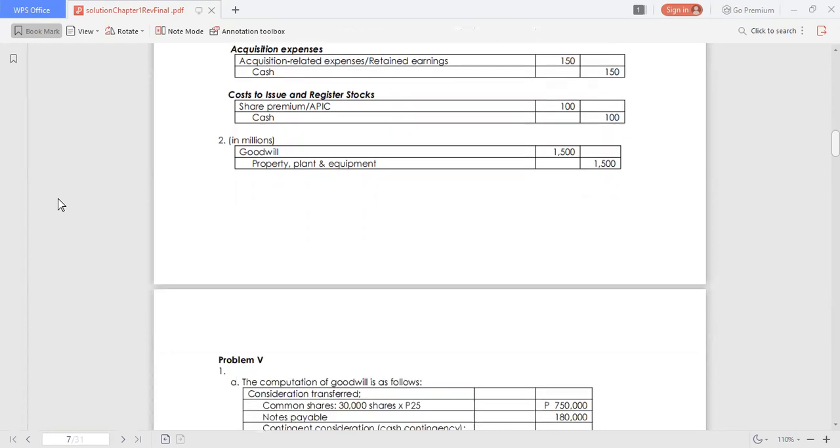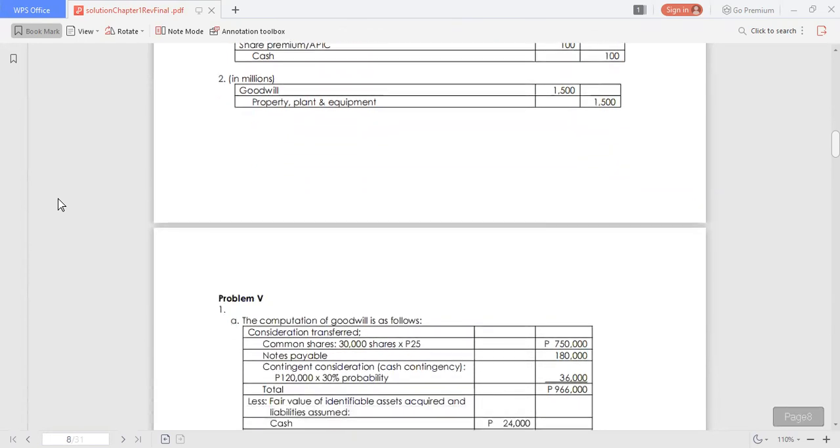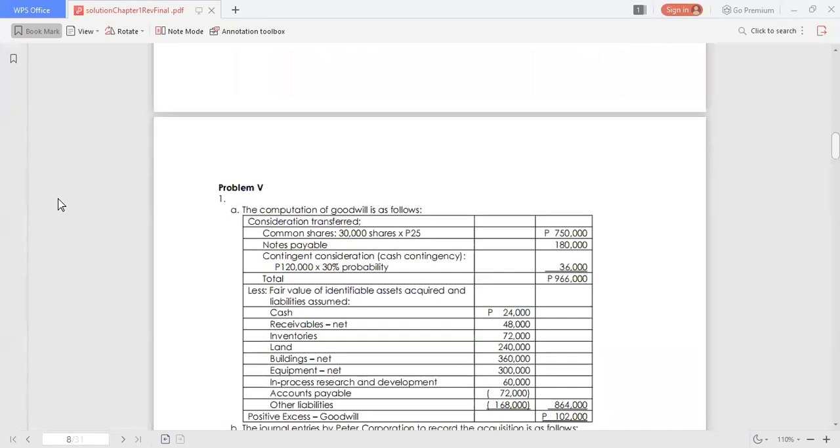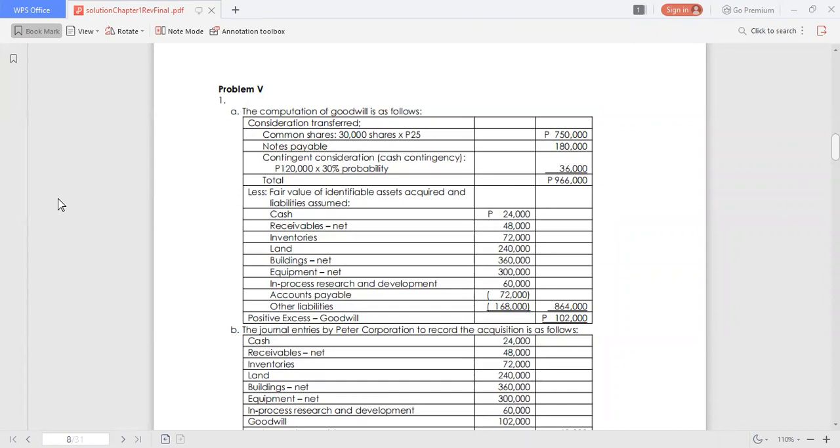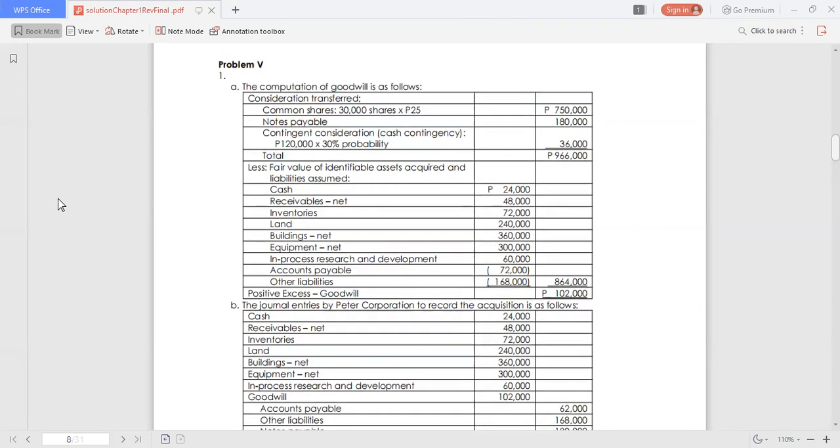Okay, that's all for problems 3 and 4. We now go to problem number 5. Problem number 5 is quite a very long problem with requirements number 1 up to number 8. So let's see if we can finish answering the problem with sub-requirements.